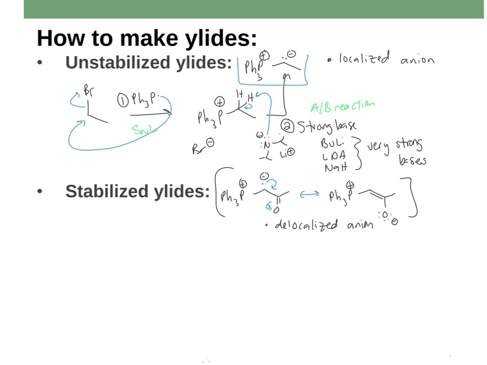So if I wanted to make this ylide, I would start with the carbonyl compound, double bond O with a bromine on it. I would do the same step 1, which is to add the triphenylphosphine. So again, you're just doing that SN2 to kick out that group, which would give us our PPh3, P with a plus.